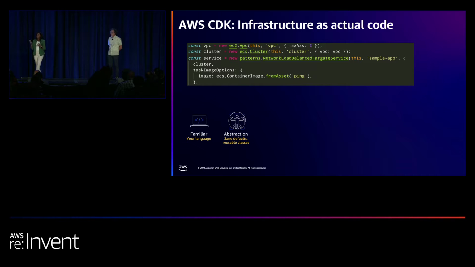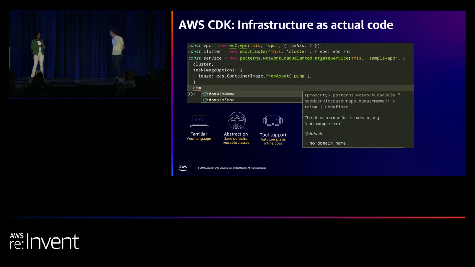Now, a web-based application is a common use case, and so we have in the AWS CDK a construct for that. So your network load balanced Fargate service will help you provision the load balanced service with just one construct. It's as simple as that. And because of using this higher-level construct, your CDK code is much more compact and readable.